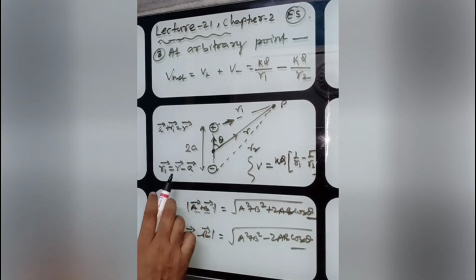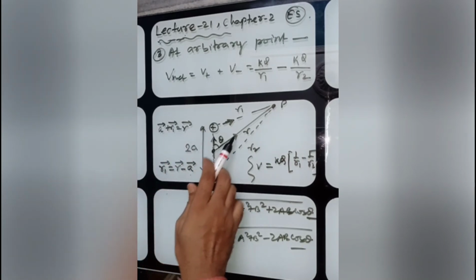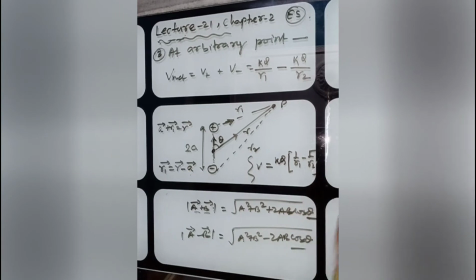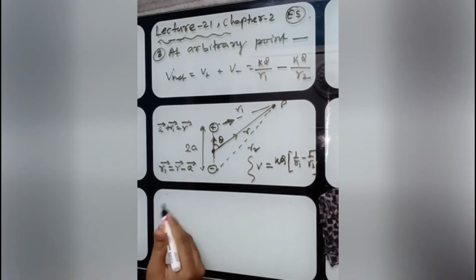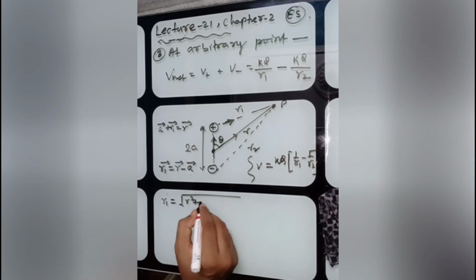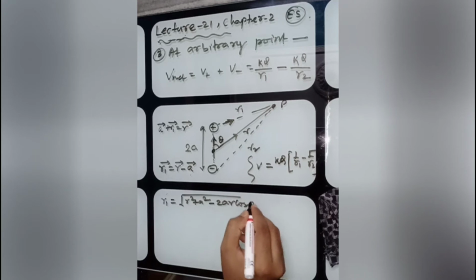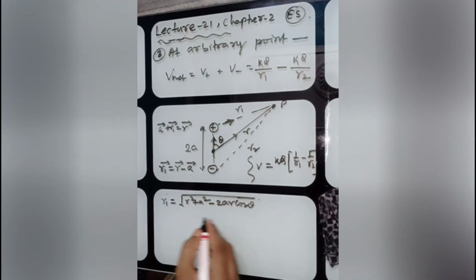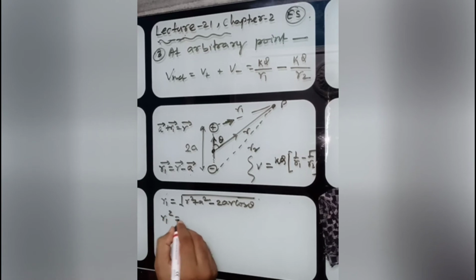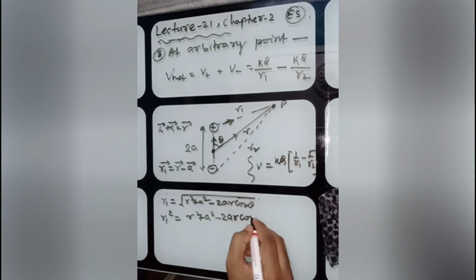Here it is minus, and the angle between R and A, you can see this is the direction of A and this is the direction of R. Here the angle is how much? Theta. So we'll write mod of R1, that is R1, it is root under R square plus A square minus 2AR cos theta. Okay, students? Yes. Now, R1 square can be written as R square plus A square, sorry, minus twice AR cos theta.